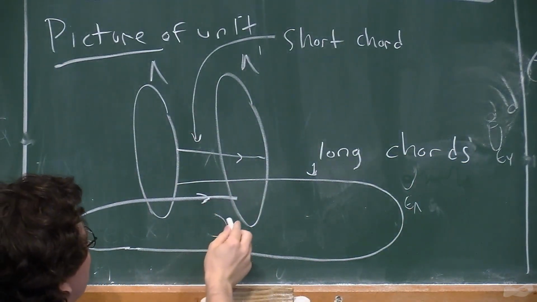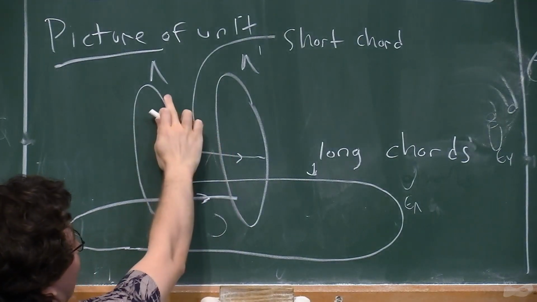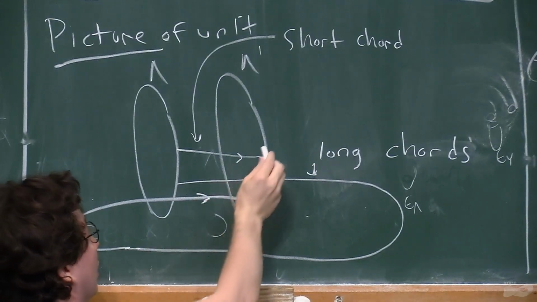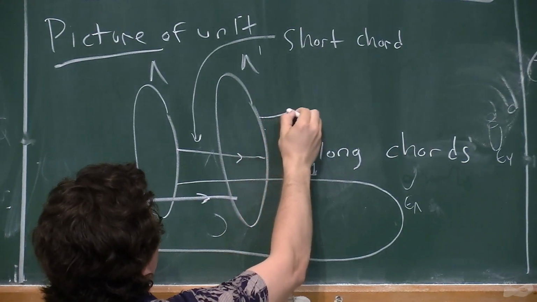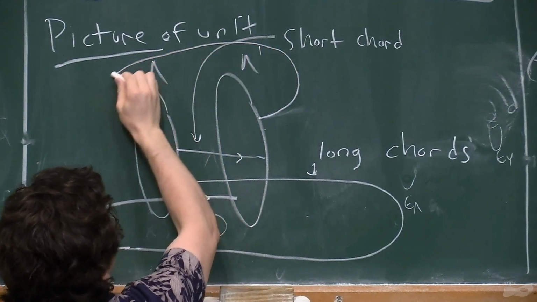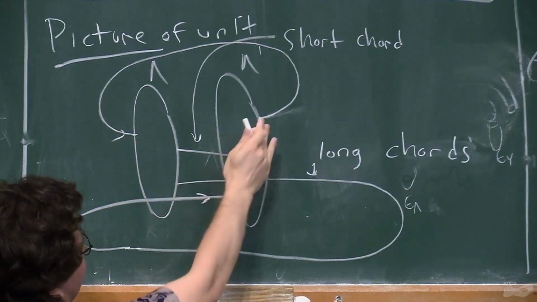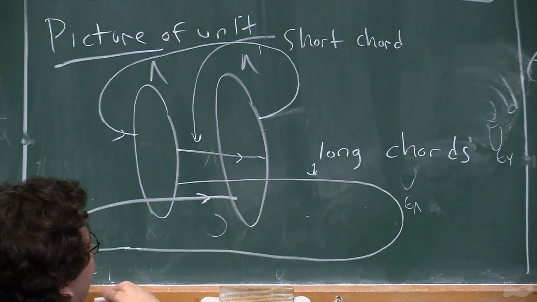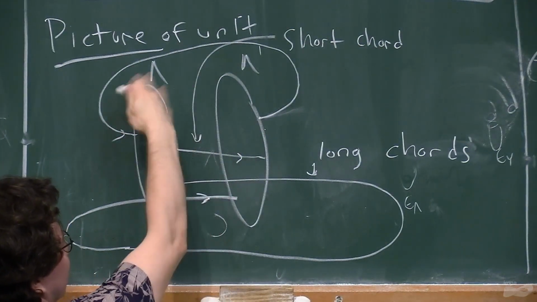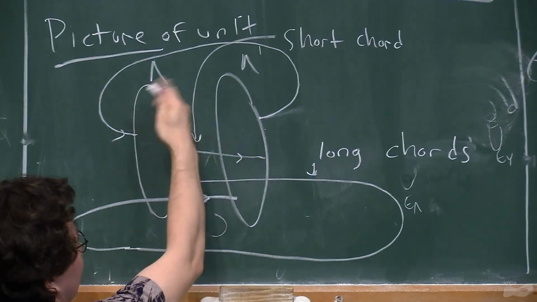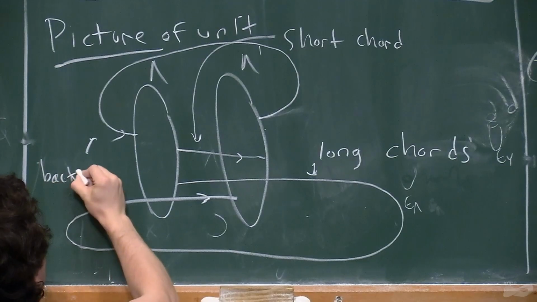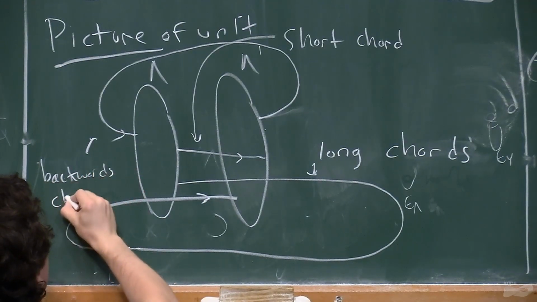And then the last kind of chord, which is not actually in the complex from lambda to lambda prime but will be important a little bit later, are the backwards chords, which also come from lambda and go from lambda prime to lambda. These are the ones inherited by lambda prime from the original self chords of lambda. So these are the backwards chords.